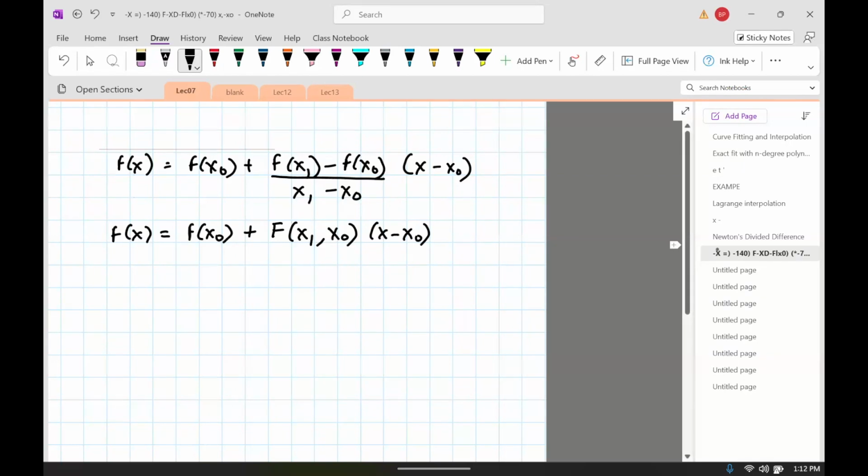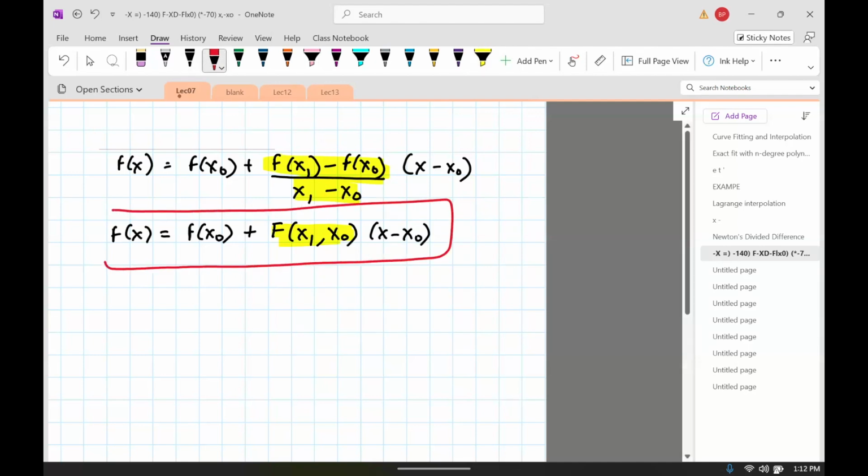I'm specifically writing it that way because we'll see that the uppercase F is going to help us develop that formula. So this term here is the same as this. This is the way I will denote the capital F with arguments x1, x0. So let's box this. So we've got the equation for 2 points. Let's go on and do 3 points.